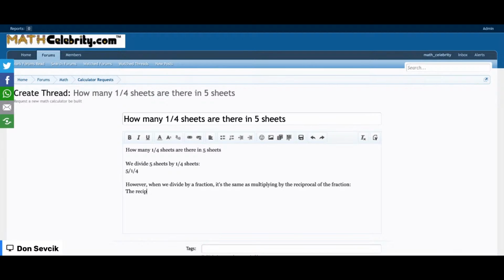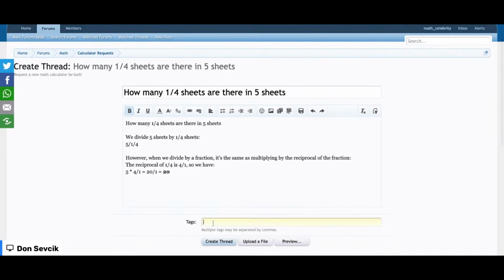The reciprocal of 1/4 is 4/1. So we have 5 times 4/1 equals 20/1 equals 20. Which means we can fit 20 1/4 sheets into 5 sheets. So that was fraction, division, and also multiplication and reciprocal.